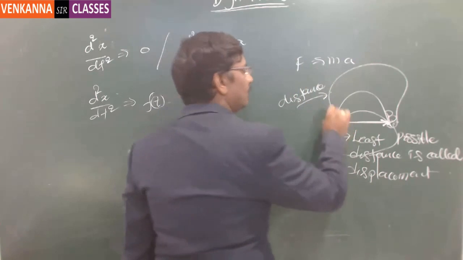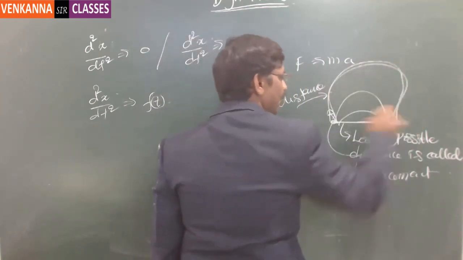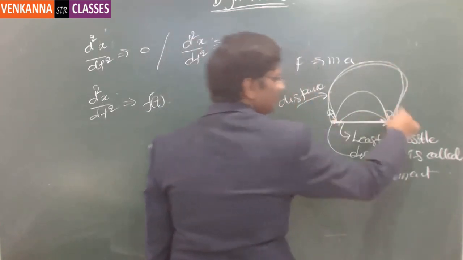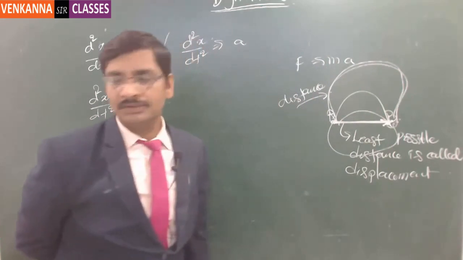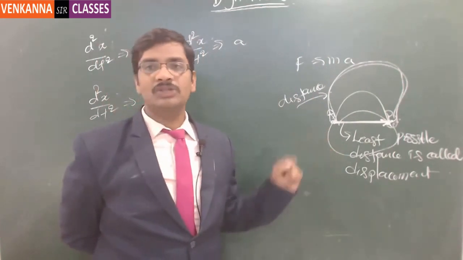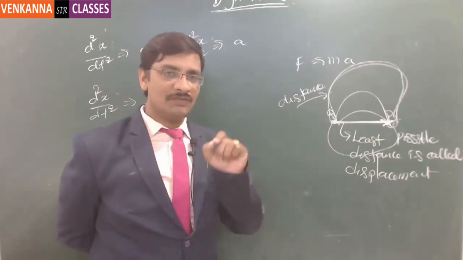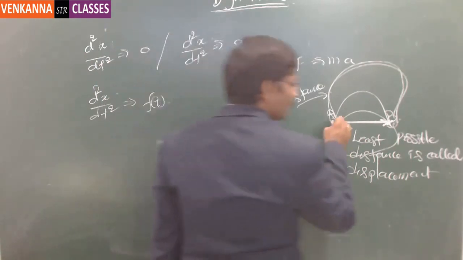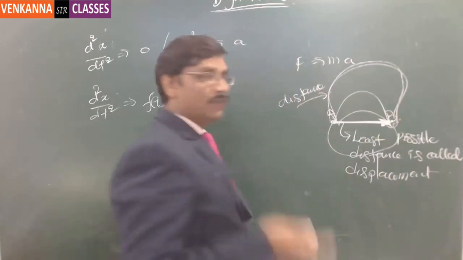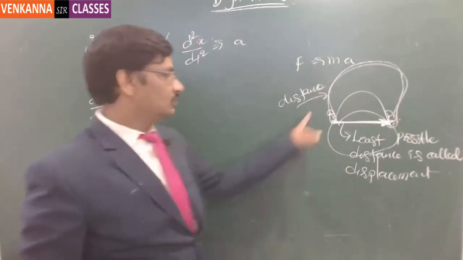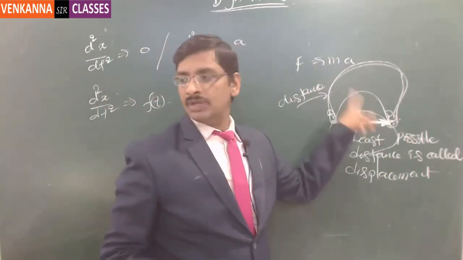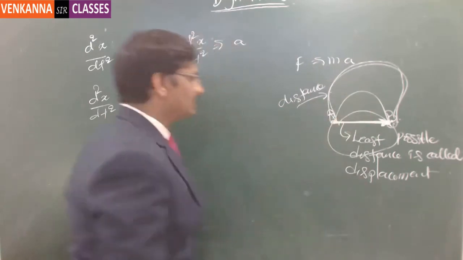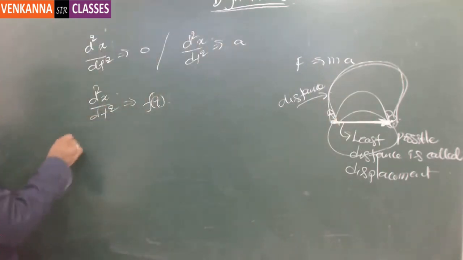Displacement can always be drawn from one point to another in a straight line, so there is an associated direction. But for distance we don't have a direction, you can travel in any way. So no specific direction. Hence displacement is a vector.